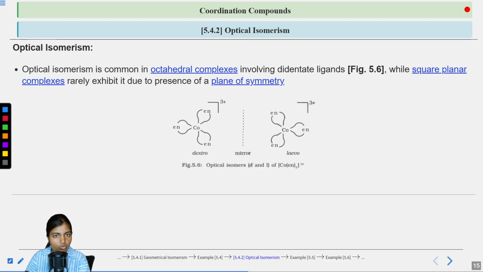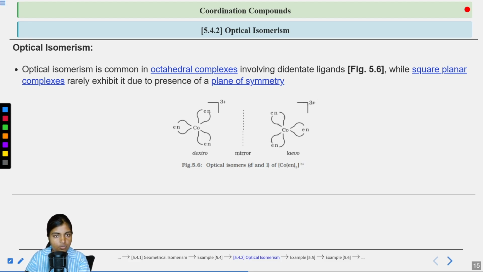That's why it is going to be an octahedral complex, because the cobalt, which is a central metal ion, is present in this complex, and surrounding it 3 didentate ligands of en are present. Each en ligand is going to bond with the central metal ion via its 2 donor atoms.